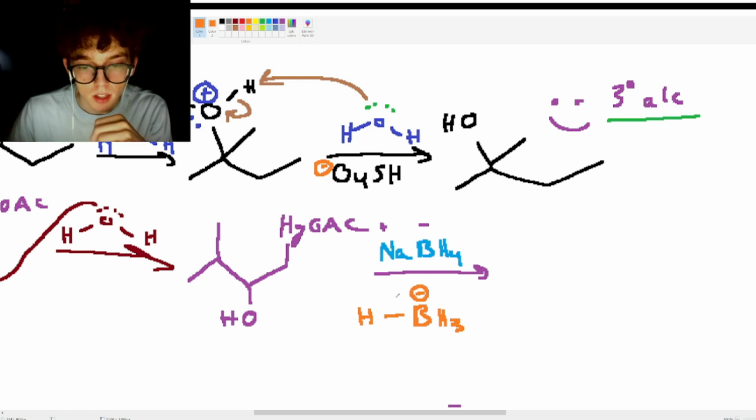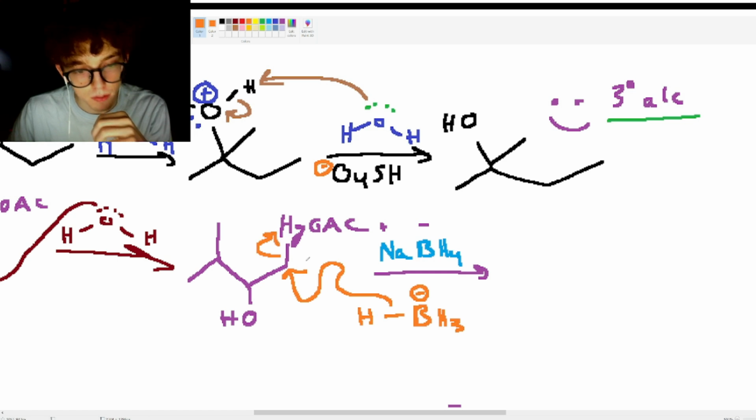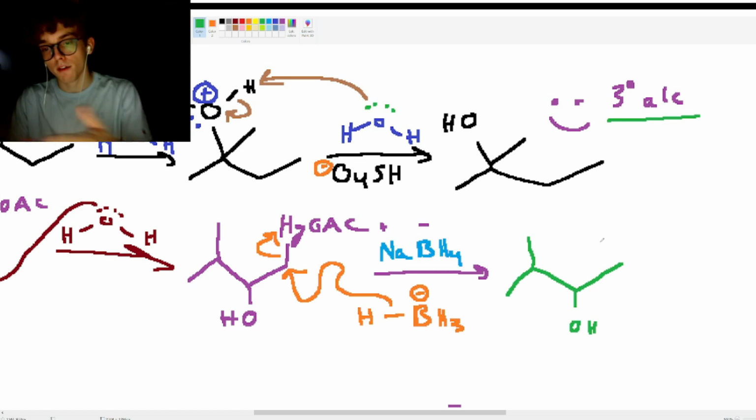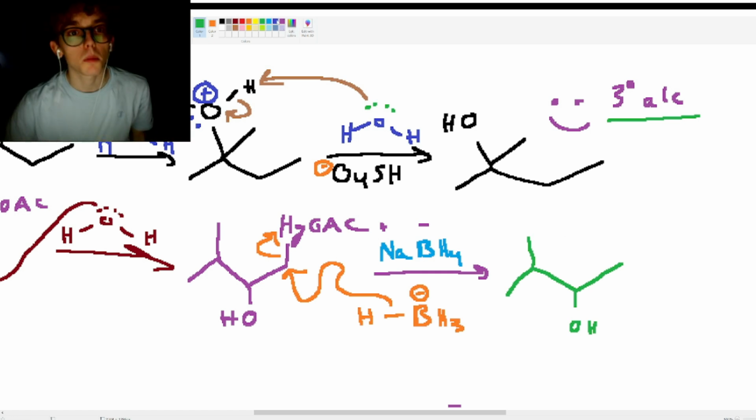So this hydrogen is going to snoop around, and it's going to whack that mercury acetate right off. And in its place, it's going to leave a hydrogen. And would you look at that? We have our secondary alcohol product.